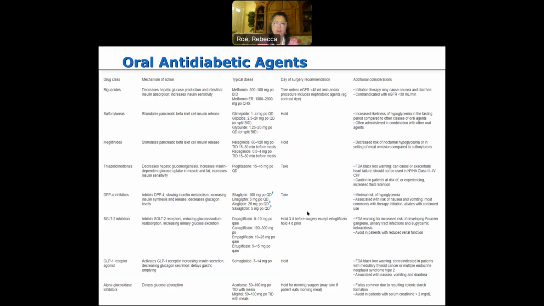So just want you to know about these drugs, these warnings on here, and some of the side effects that can be somewhat unpleasant. And so just take a look at those.